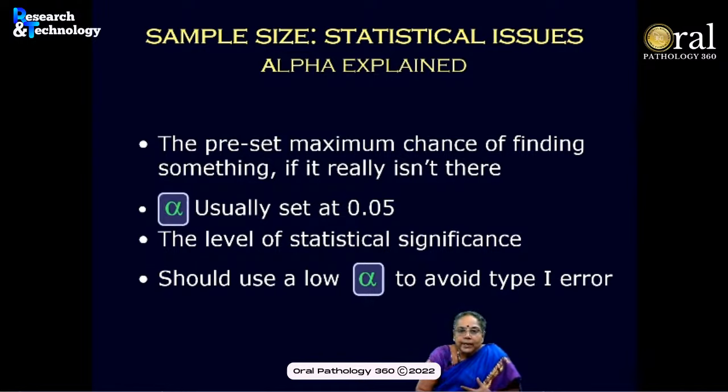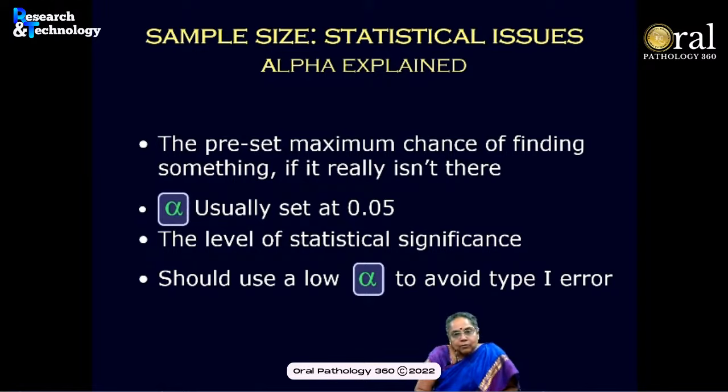So I'm conducting the study, I expect good results, but there is a chance I can go wrong. I'm telling myself, even if I go wrong, the chance of going wrong in that study is only 5%. And I'm calling it alpha.